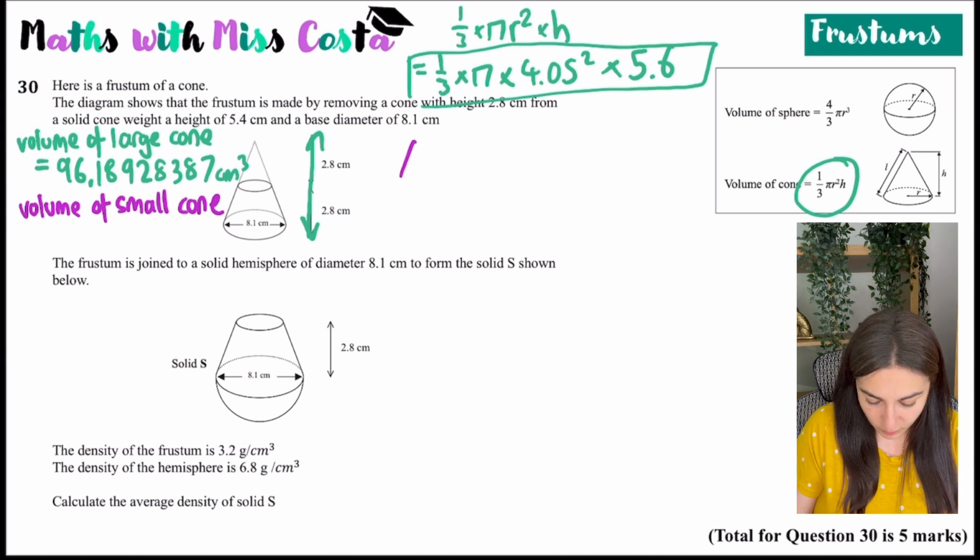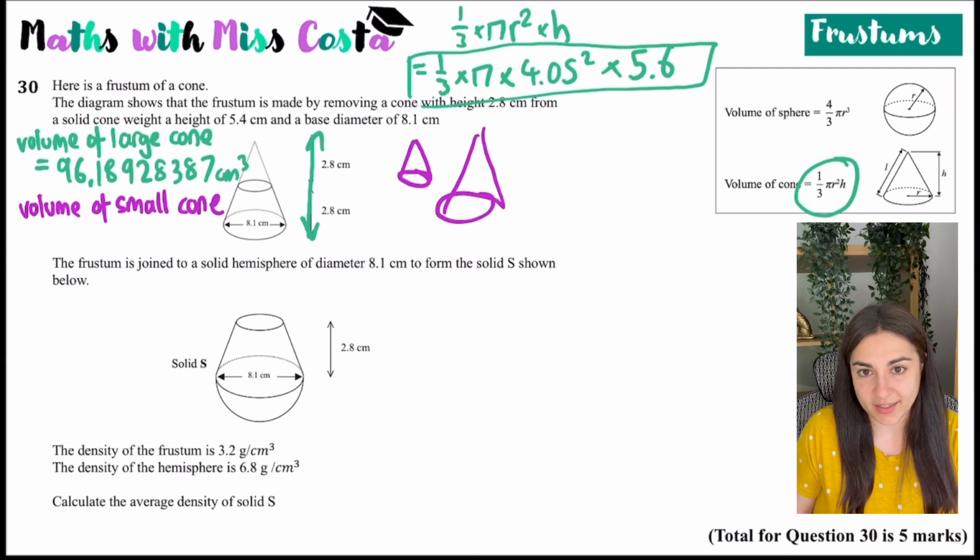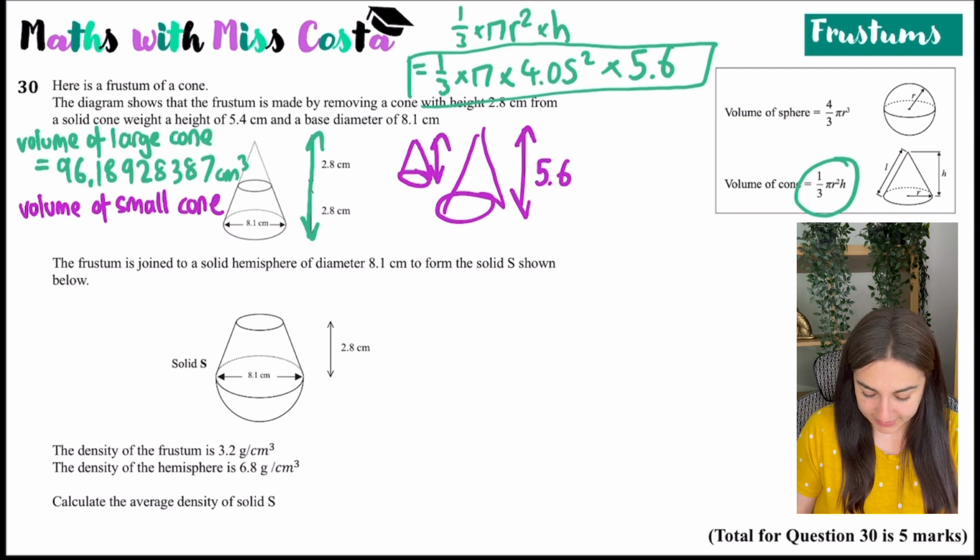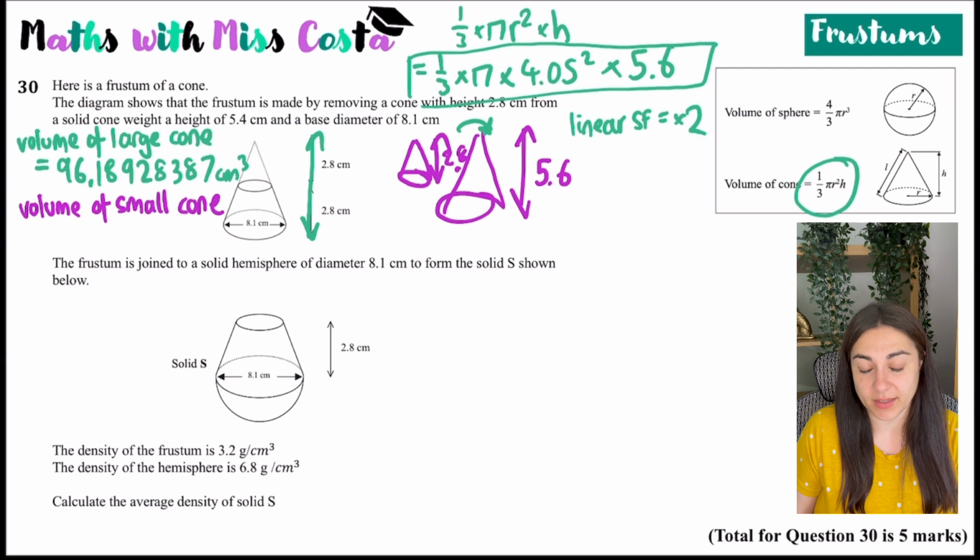essentially you've got this cone and this large cone, and you know that they are similar, so you know that they have a scale factor. So the height of the large cone is 5.6, the height of the small cone is 2.8. So therefore, the linear scale factor is, how do you get from the small cone to the large cone? You just times by 2.